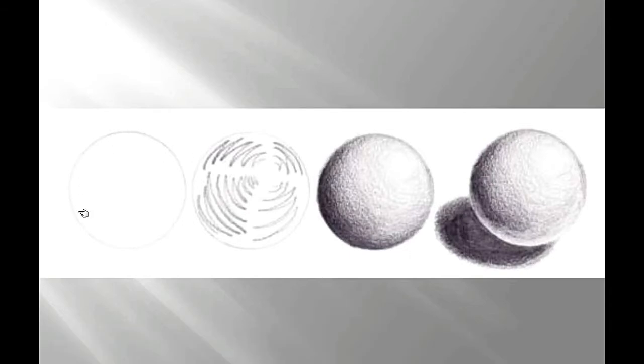Here are some techniques to draw a sphere. Make restating lines and then slowly put a value on your circle. And right here, at the end, the correct shading and the correct shadow will finally give an illusion of a three-dimensional object.